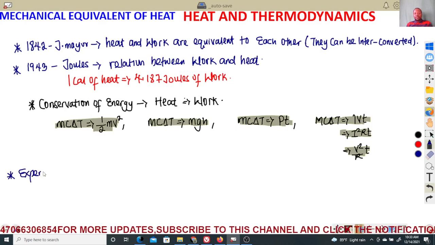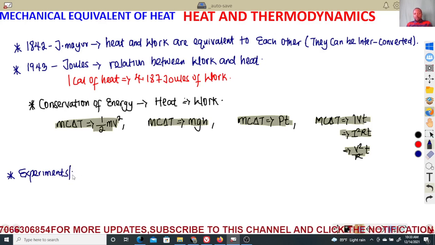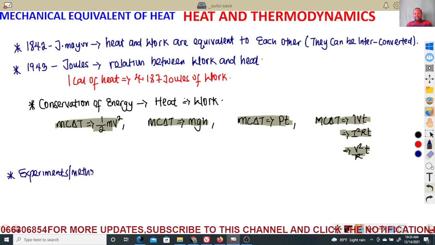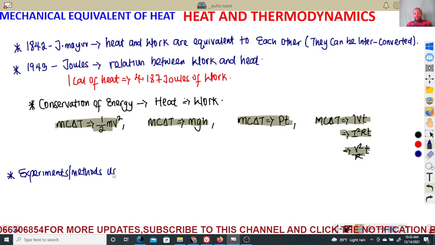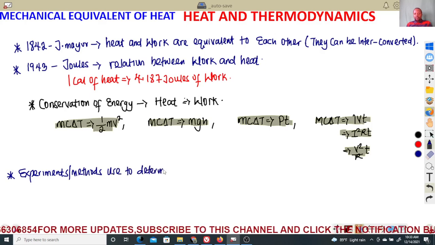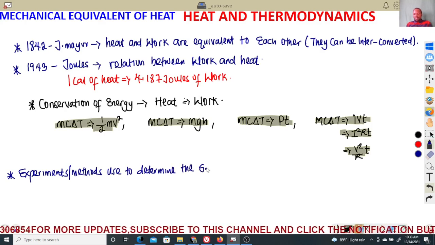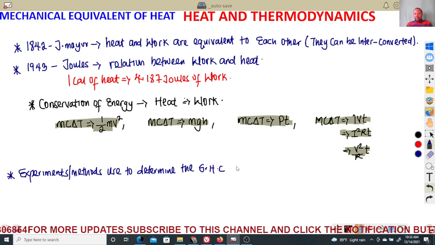Now, the methods used to determine the specific heat capacity of a substance.